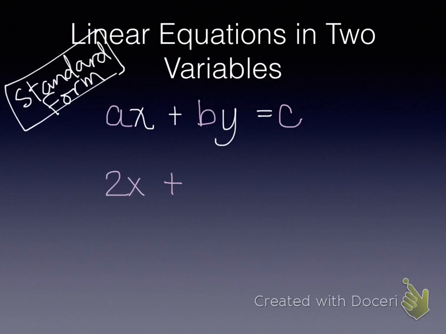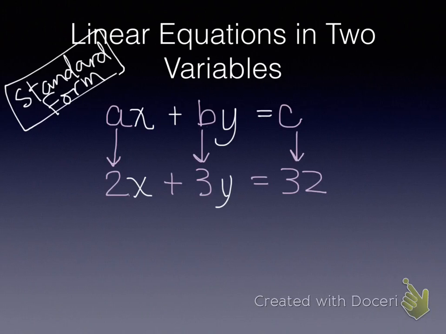2x plus 3y equals 32. C is 32, b is 3, and a is 2. And our variables are just that: variables. We want to be able to put in any number for them, for a given equation.